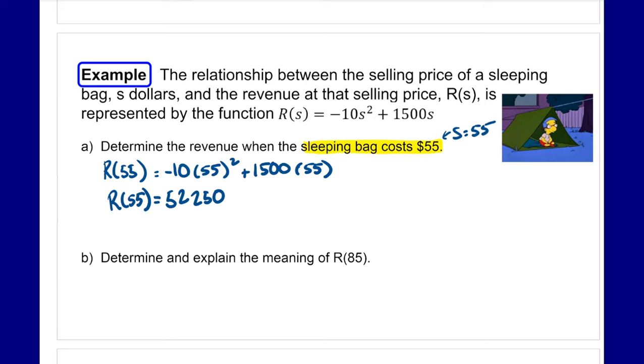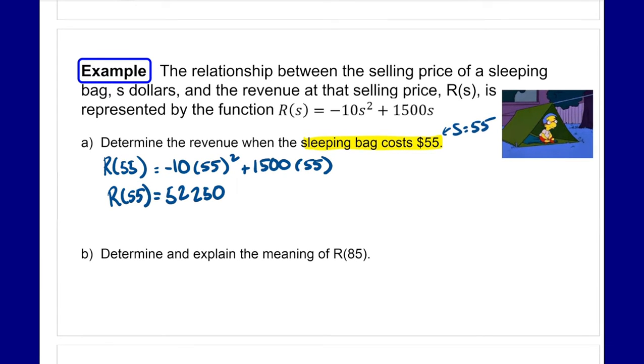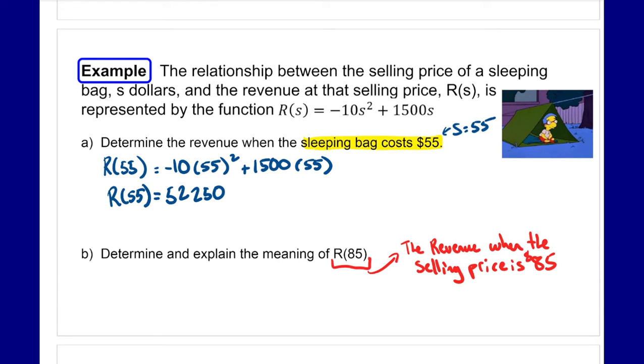For B, we want to determine and explain the meaning of R at 85. Well, this sentence here, R at 85, is telling us the revenue when the selling price is $85.